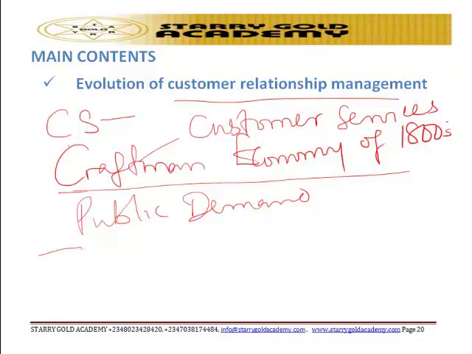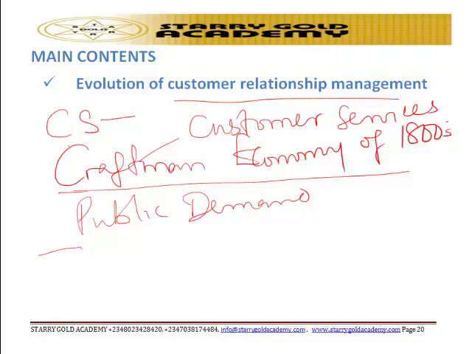Did you see the difference between the mass production economy of the 20th century and the craftsman economy of the 1800s? Okay, now take note of some of these things I'm explaining, because they will ask you in your exam. There was no need for customer service as an activity or as a tool for promoting or enhancing marketing.